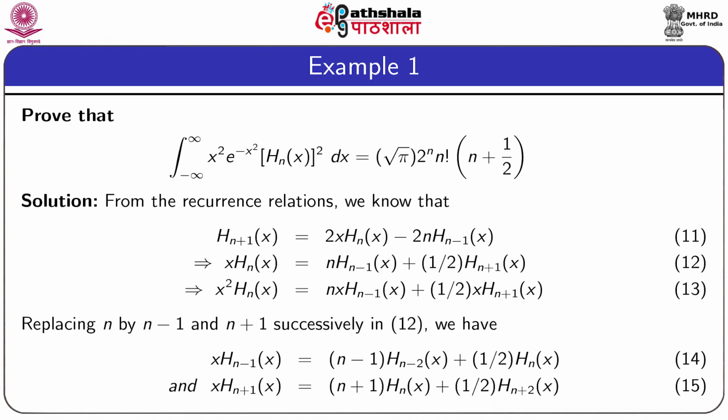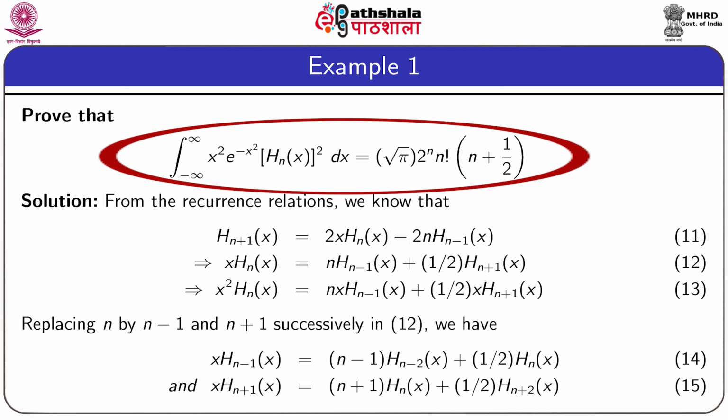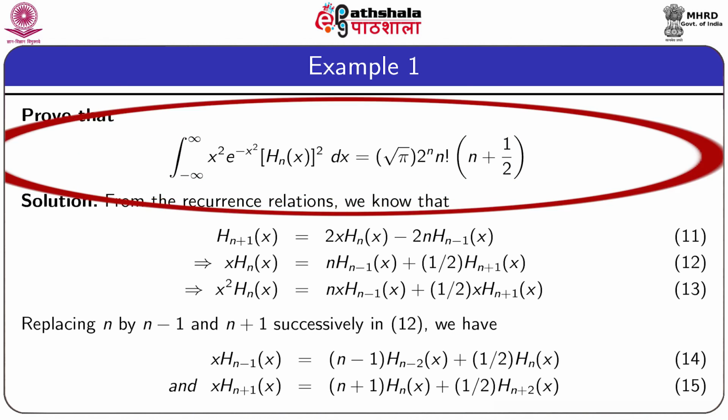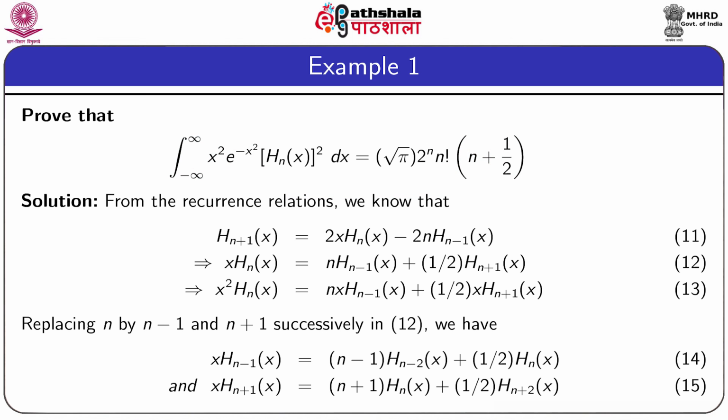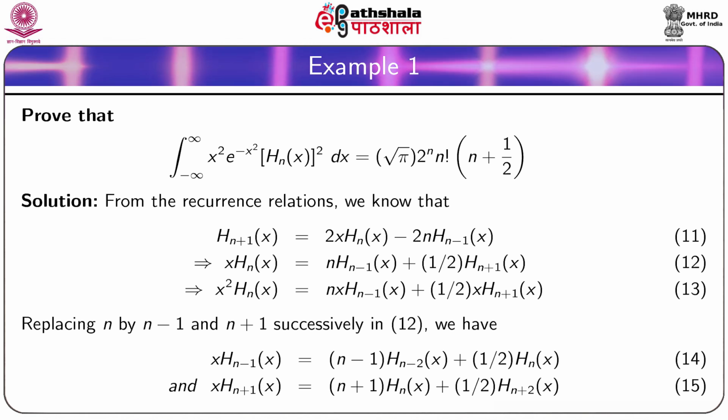In example 1, we have to show integration minus infinity to plus infinity x square e to the power minus x square H_n(x) whole square dx is equal to root pi 2 to the power n into n factorial into n plus half.